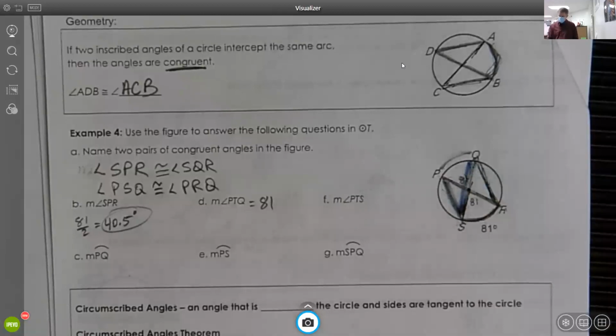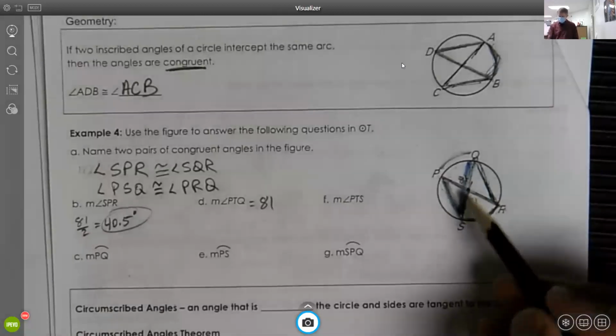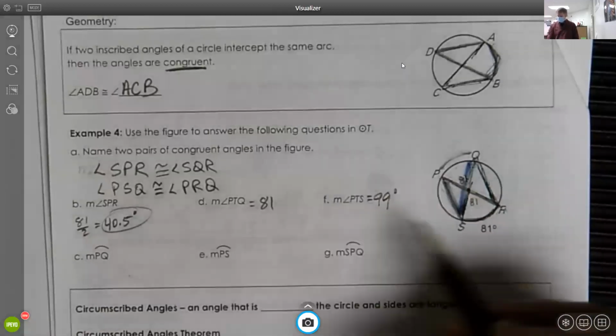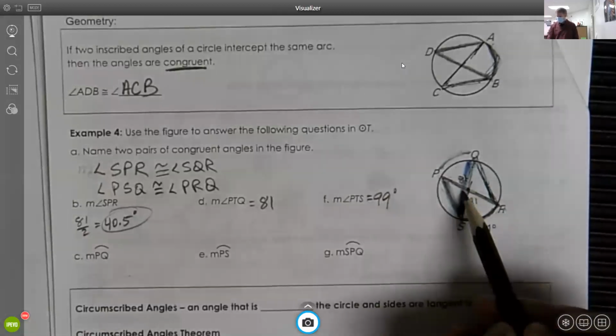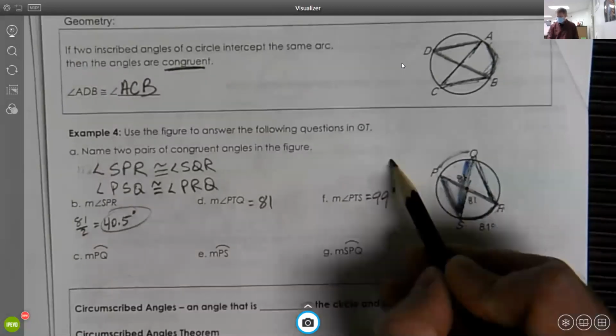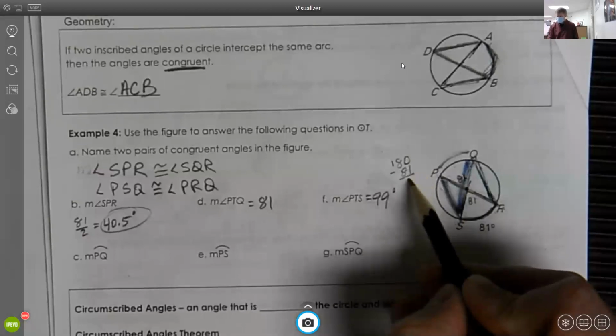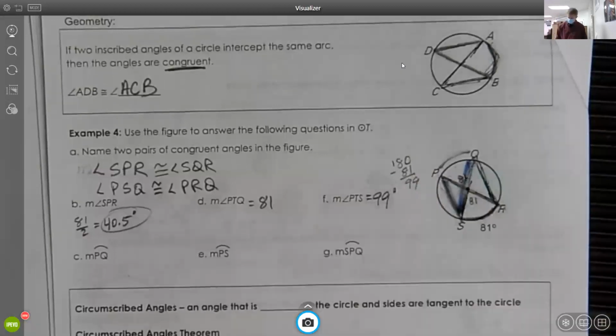So that's going to have to be 99. The angle right next to the 81 is going to have to be 99 because together they add up to 180. 180 minus 81 is 99, and that's how we got the 99.